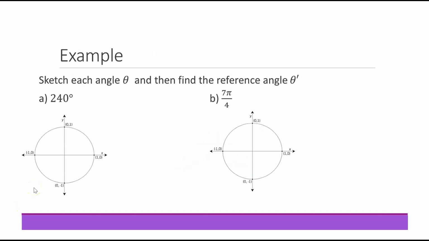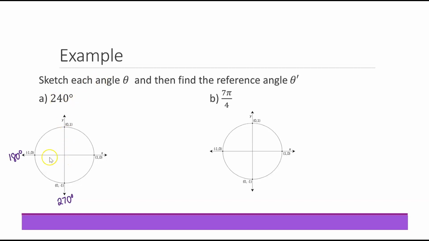Now let's look at an example. Sketch each angle theta and then find the reference angle theta prime. So here in part A, we're assuming 240 degrees is our theta, our original angle. So let's go ahead and sketch 240 degrees. Well, we know this is 180 degrees, and this is 270 degrees, so 180 is directly left, 270 is directly down.